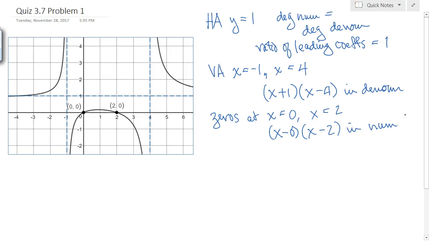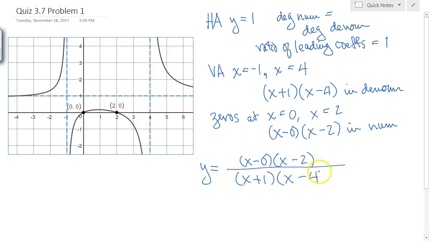So let's put all of these things together. I have this equation of x minus 0 and x minus 2 in the numerator, x plus 1, x minus 4 in the denominator, and I'm going to imagine substituting 0 in for x, and then I have 0 in the numerator, so that tells me that this guy here is definitely going to be a 0.